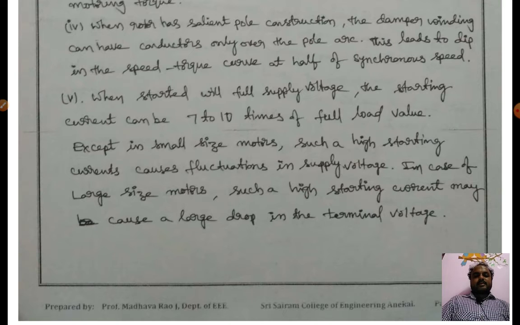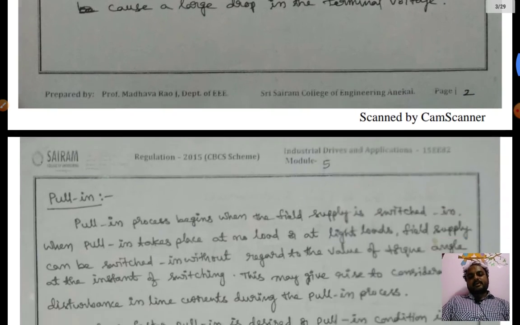Except in small size motors, such a high starting current causes fluctuations in supply voltage. In the case of large motors, such a high starting current may cause a large drop in the terminal voltage. So these are the problems, and we need to overcome them by using different methods.